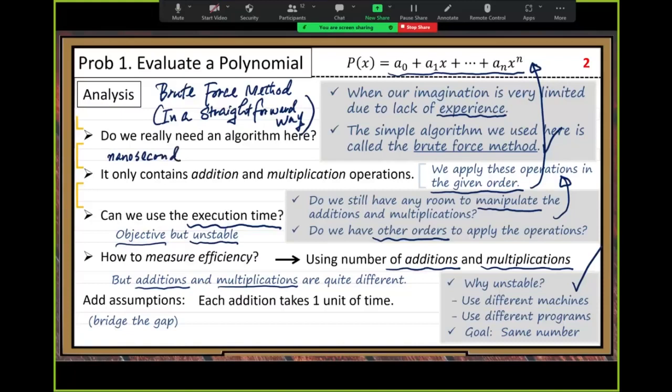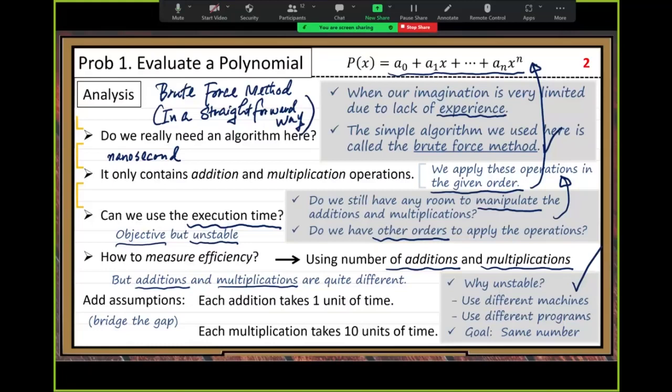You know nanosecond, right? So that unit is a few nanoseconds. Okay, small number of nanoseconds. Then each multiplication takes approximately 10 times of one addition. So 10 units of time. So that's approximately the difference scale between one addition and one multiplication.